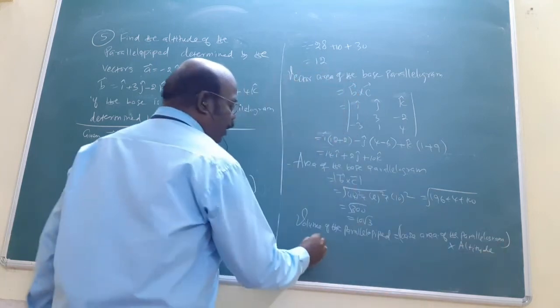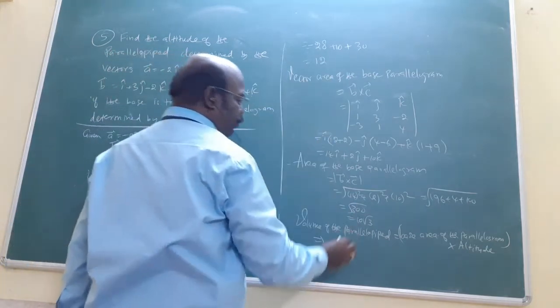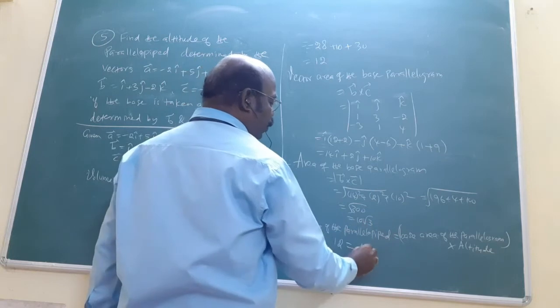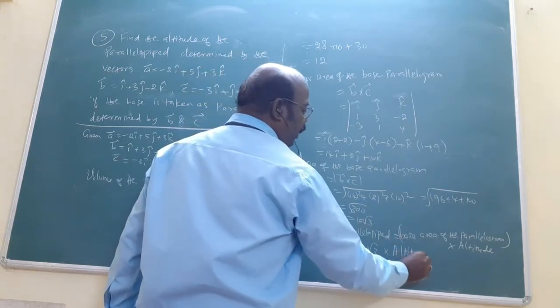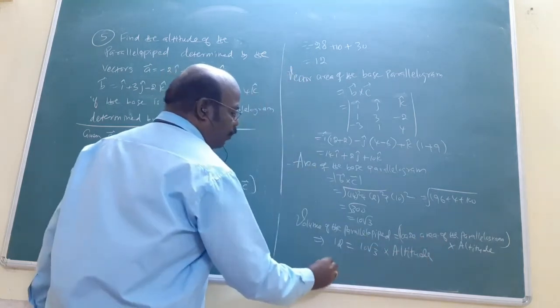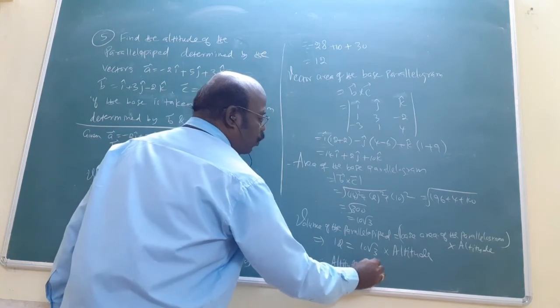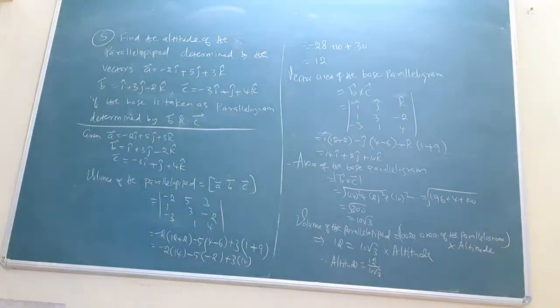The volume already found is 12. The base parallelogram area is 10 root 3. Altitude is what is asked. Therefore altitude is equal to 12 by 10 root 3.